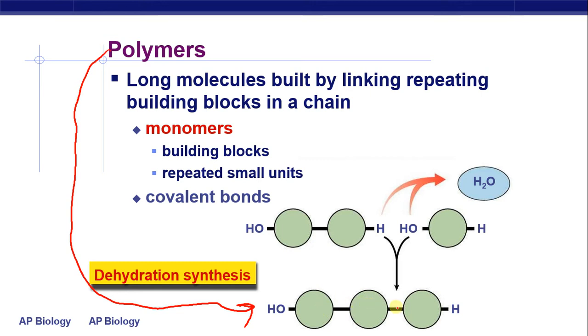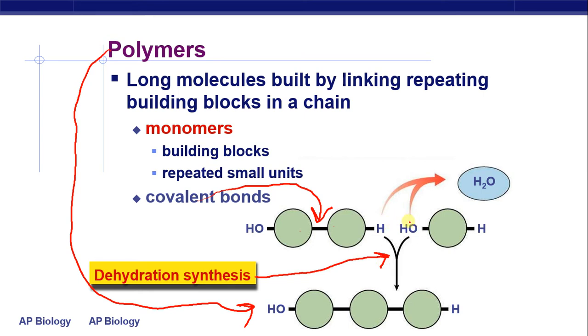These individual parts that are linked together to make the longer polymer are called monomers. Mono meaning one. All right? So, to make polymers, we link together monomers via covalent bonds. That's what these lines are right here. And the process by which we form those covalent bonds, makes those linkages, is called dehydration synthesis.